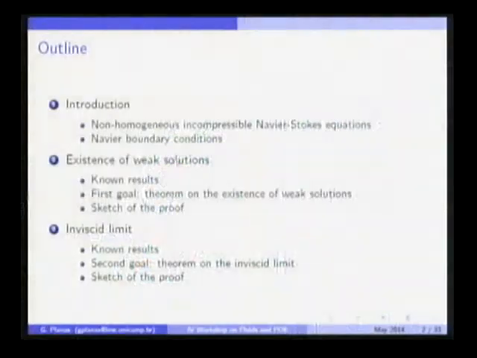The Navier boundary conditions were mentioned in some talks this week. After that, I will discuss the existing solutions, and finally talk about the inviscid limit for this system.